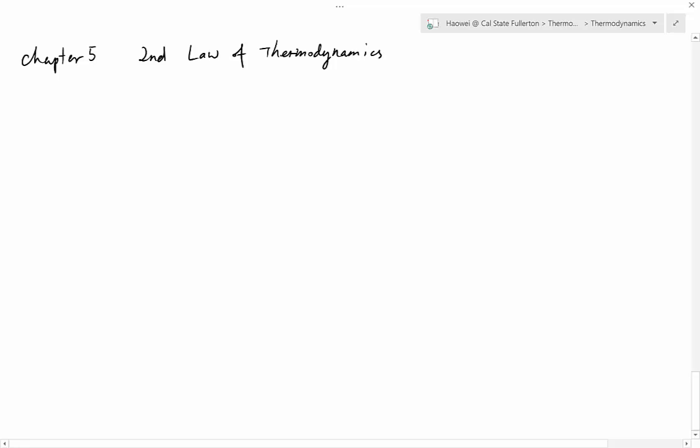At this moment, we've finished our discussions about the first law of thermodynamics for control volume and also for closed systems. We derived the equation for each kind of system. For a closed system, we derived first law, and it was really short.